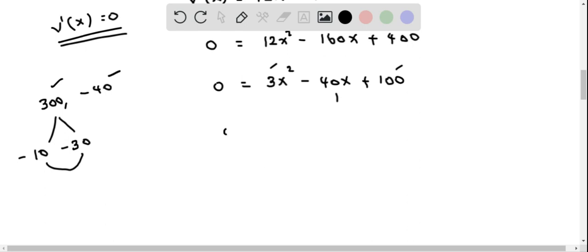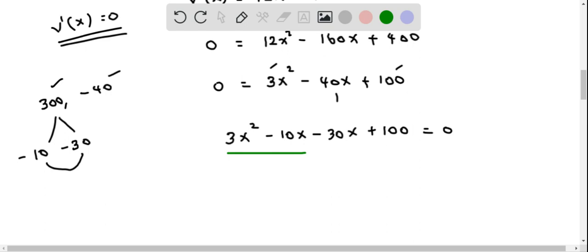I can rewrite this as the 3x squared term, and we split negative 40x as negative 10x, negative 30x, plus 100, and this equals 0.